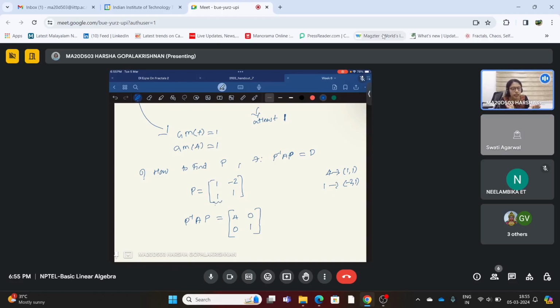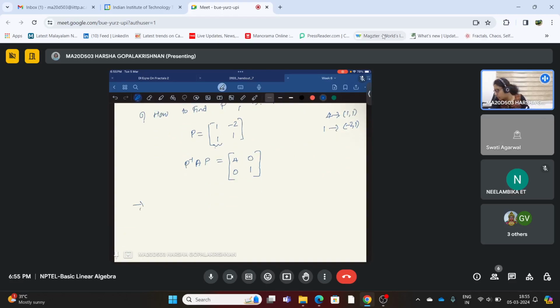If we interchange, like if P is written as minus 2, 1, 1, 1, then the corresponding D will be 1, 0, 0, 4. Whatever it is, it is diagonal only. It just depends on the order in which we construct P. You can verify this also: find the P inverse, multiply P inverse AP, and we will obtain this diagonal matrix.